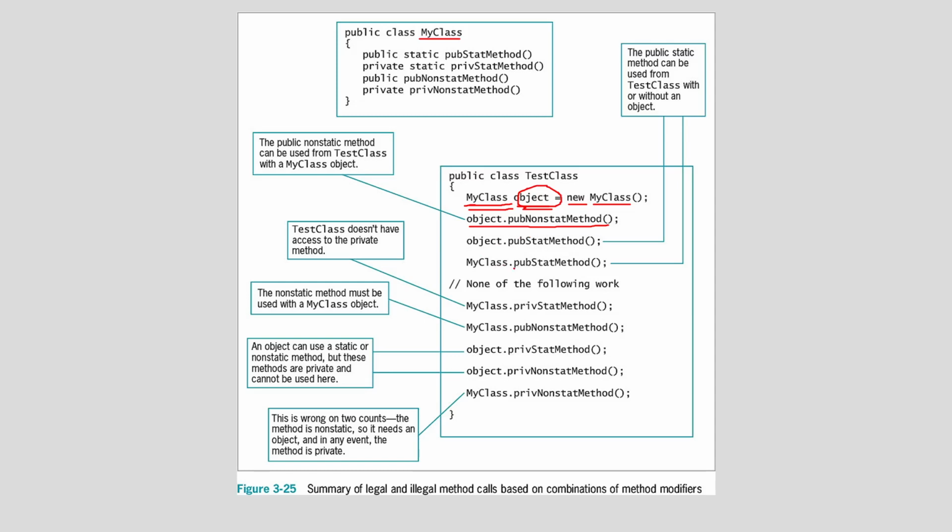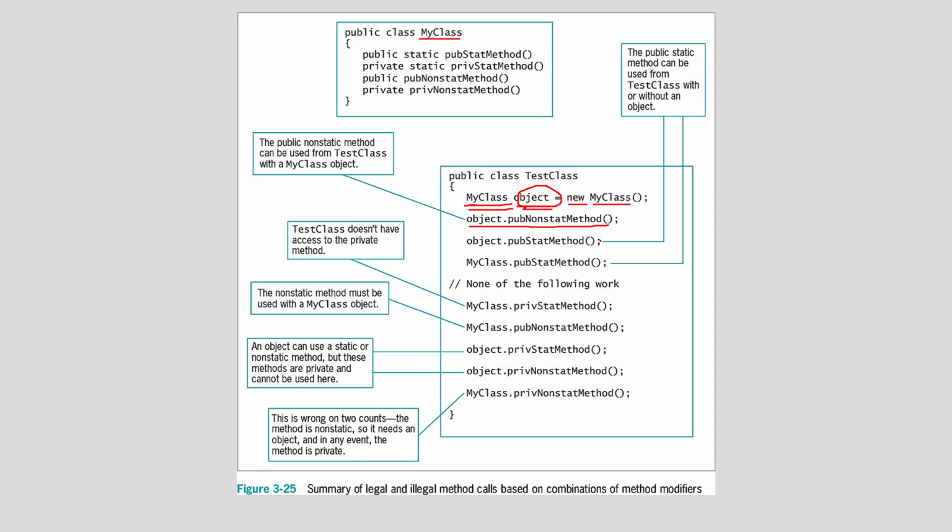This one, MyClass.pubStatMethod, where pubStatMethod is declared as static and using the class name directly with the method name is legal with the use of the static modifier.